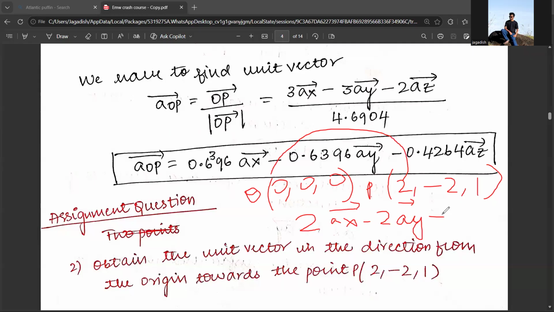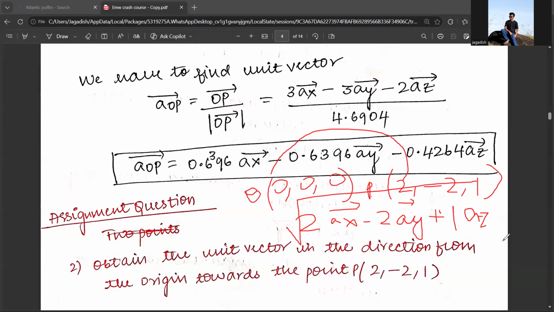Now find out the magnitude. Magnitude is under root of this, that is 2 square plus minus 2 the whole square plus 1 the whole square. What do you get?